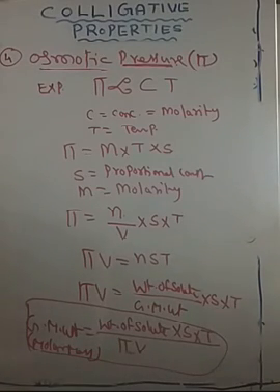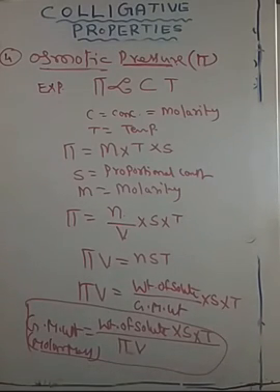Especially this expression is used for the calculation of the molar mass of solutes by using osmotic pressure. Osmotic pressure is especially useful for the calculation of the molar mass of macromolecules like polymers, proteins, enzymes, and vitamins. Understood?